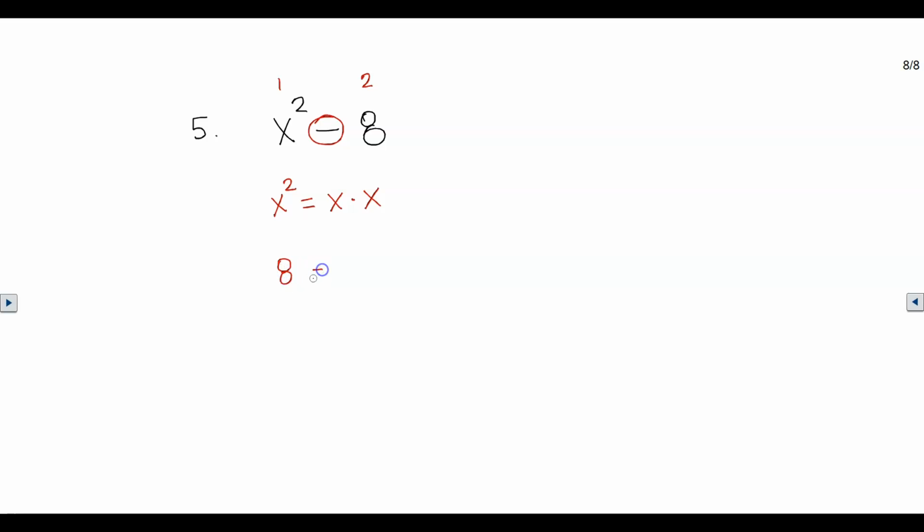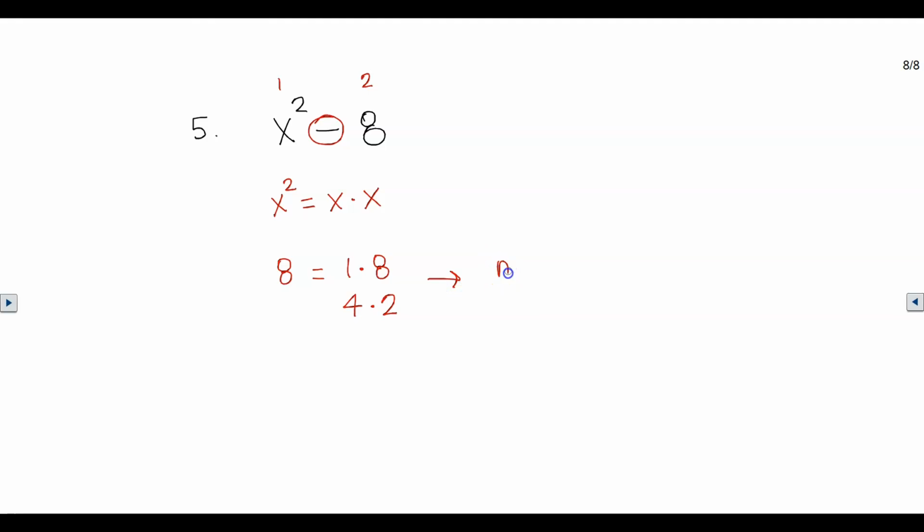For the 8, same question. Is it a perfect square? Is there something you can multiply by itself to get 8? Well, to get an 8, I can do 1 times 8. That's not a number times itself. I could do 4 times 2. That's not a number times itself.